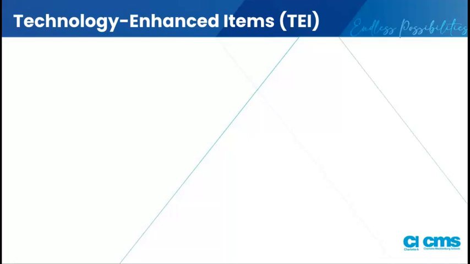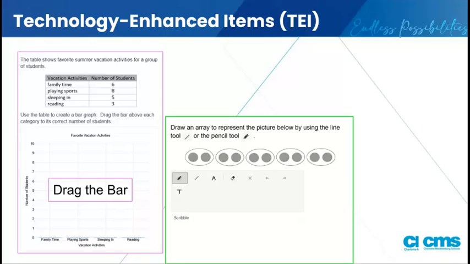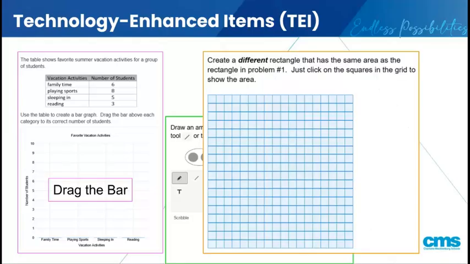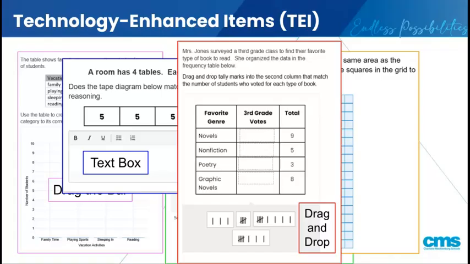The technology-enhanced items consist of a variety of question types, including numeric entry and the traditional multiple choice items. Here are a few examples students will encounter. Drag the bar to make bar graphs, using the drawing tool or text tool, clicking on a grid to create a rectangle and find its area, using the text box to type, and drag and drop.